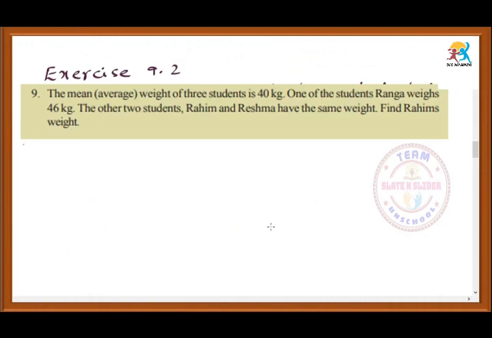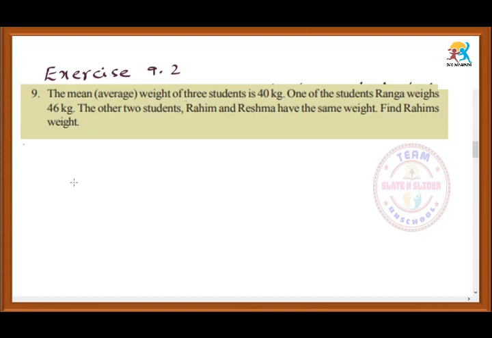Let us discuss one more question from exercise 9.2, the 9th one. The mean weight of 3 students is 40 kg. So what does it mean? We have to take 3 numbers or 3 weights.